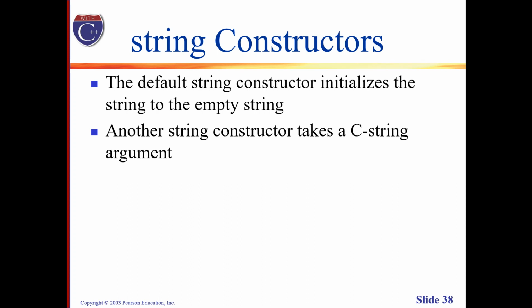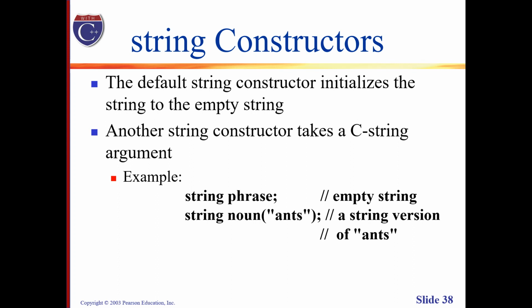Another string constructor takes a C string argument. For example, we have the following. In this case, we initialize the string variable with an empty value, and for the second variable, we initialize the string variable with the following content.